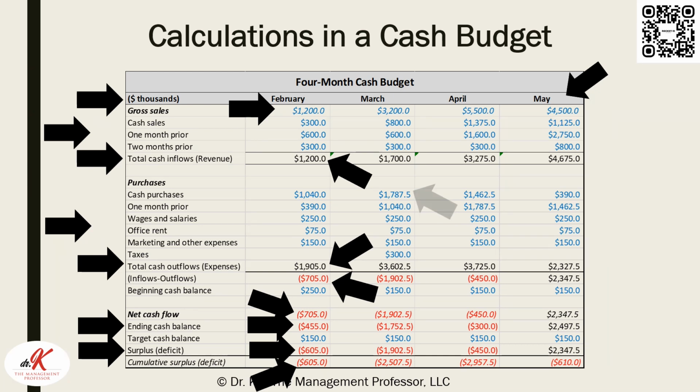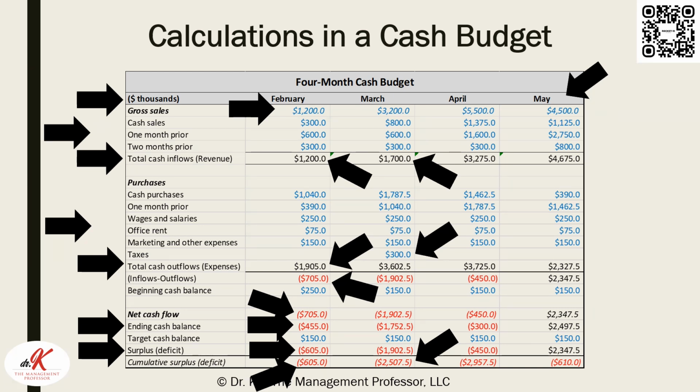So if we look at March, we can conclude that the new total revenue is $1.7 million, adding the $800,000 plus $600,000 plus $300,000 together. We can also see that the $300,000 was paid out in taxes in March. All the same calculations carry through, but now our cumulative total is a deficit of $2,507,500.